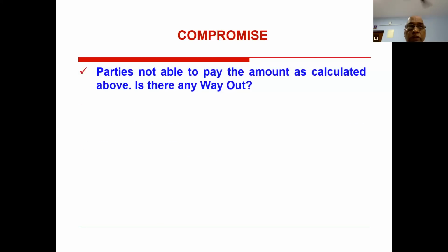Then suppose the party says, as per the formula you calculated and asked the borrower to pay, I cannot pay even that much, further reduce the OTS amount. The question is whether, at less than the formula, any authority in the bank can reduce the OTS amount.